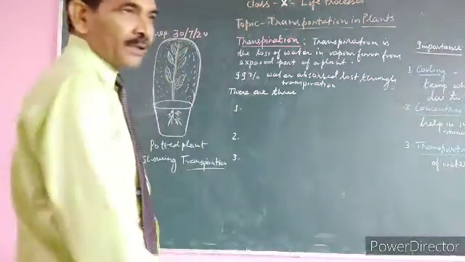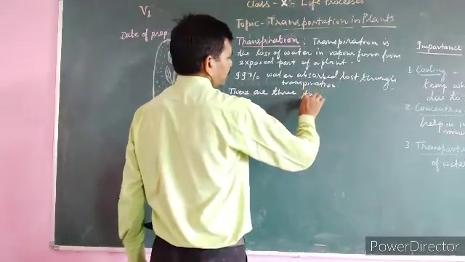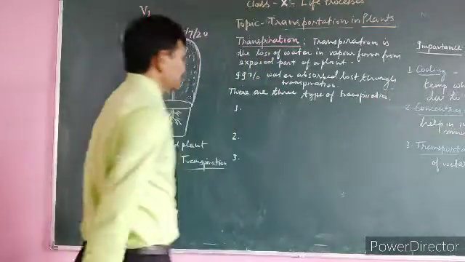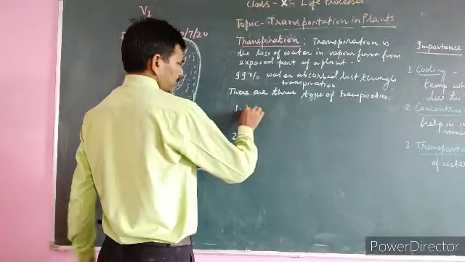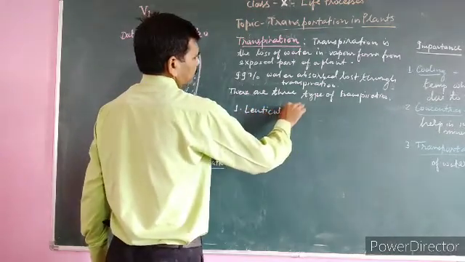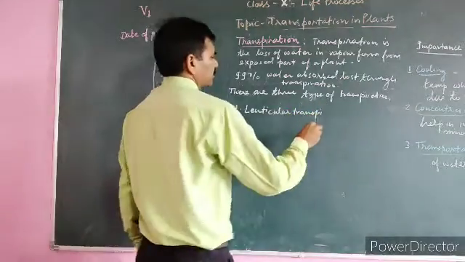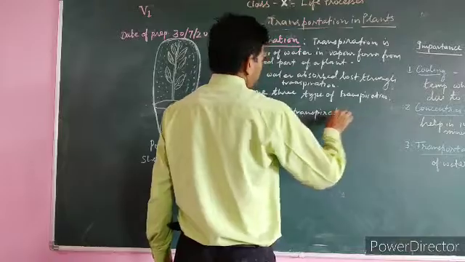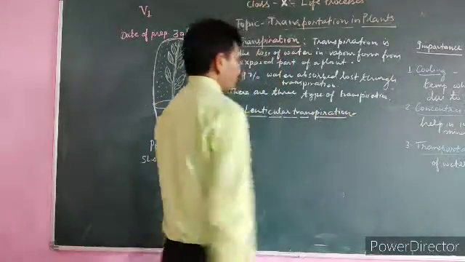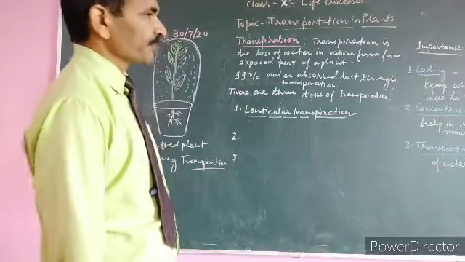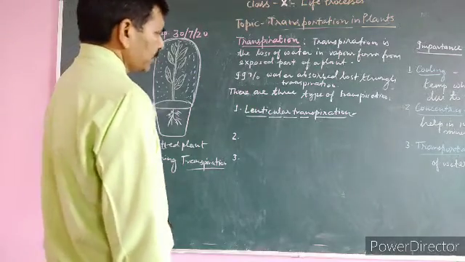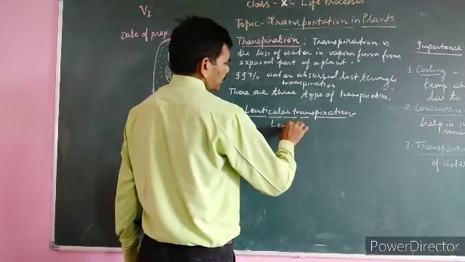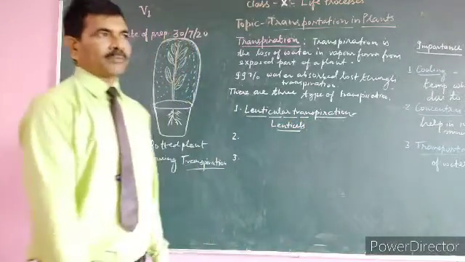Now the types of transpiration. There are three types of transpiration. Lenticular transpiration: in lenticular transpiration, loss of water in vapor form occurs through lenticels present in the bark of the plant.